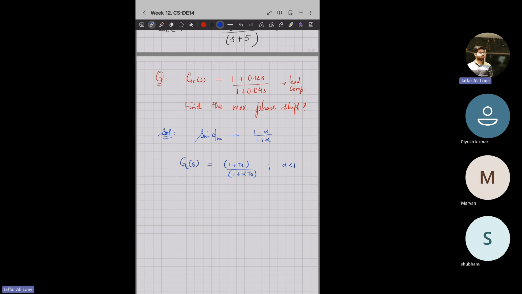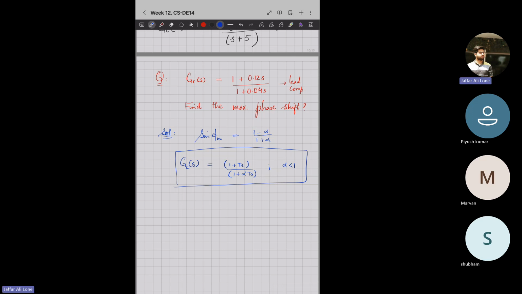So if we are able to find this alpha from our given transfer function, then we are done. We can find phi m easily.